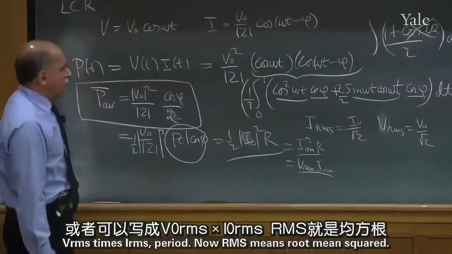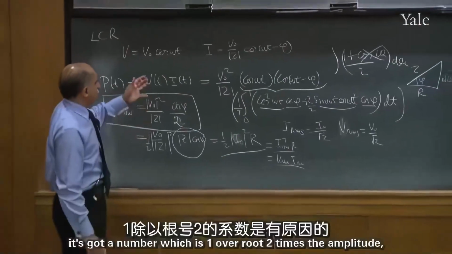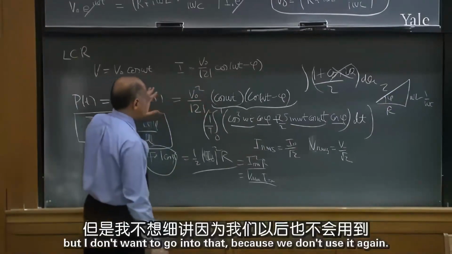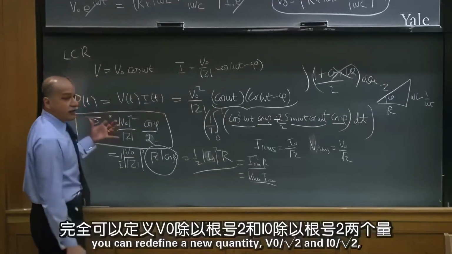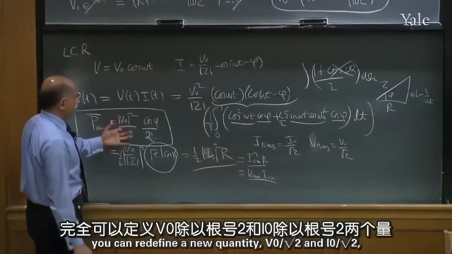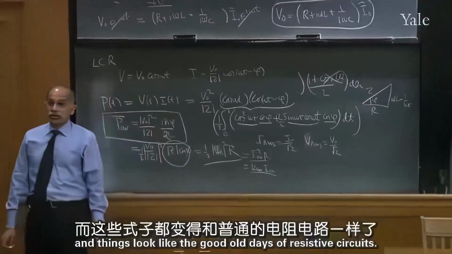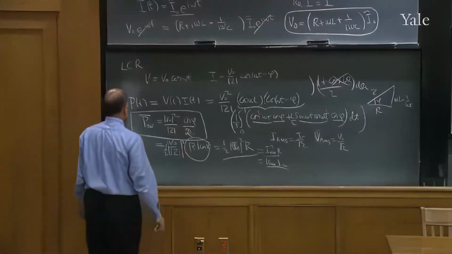Now, RMS means root mean square. There's a reason why for a trigonometric function it's a number which is 1 over root 2 times the amplitude, but I don't want to go into that because we don't use it again. The main thing to know is that you can redefine new quantities, V naught over root 2 and I naught over root 2, so that these factors of 2 disappear, and things look like the good old days of resistive circuits.